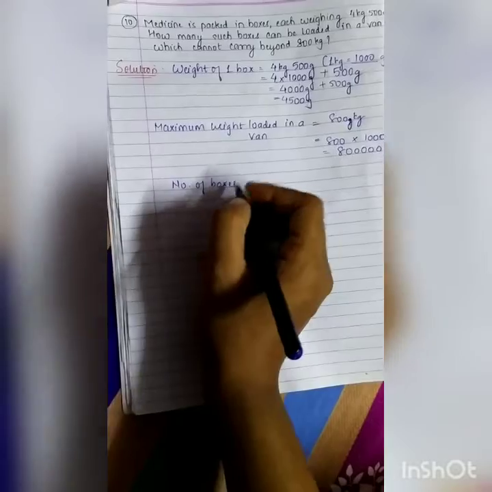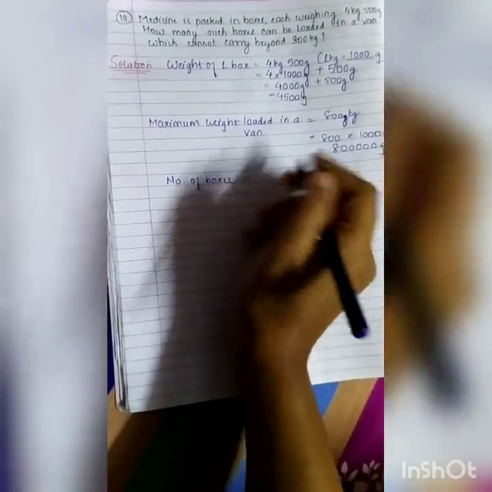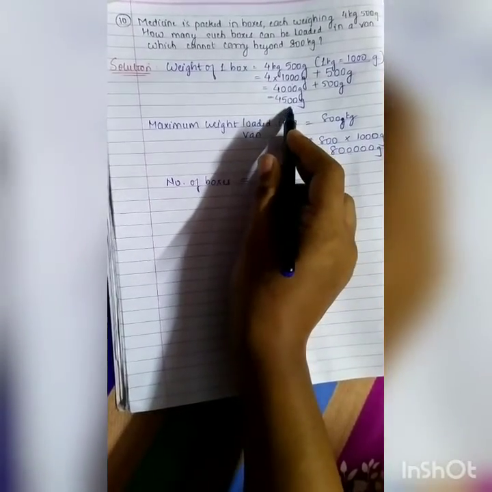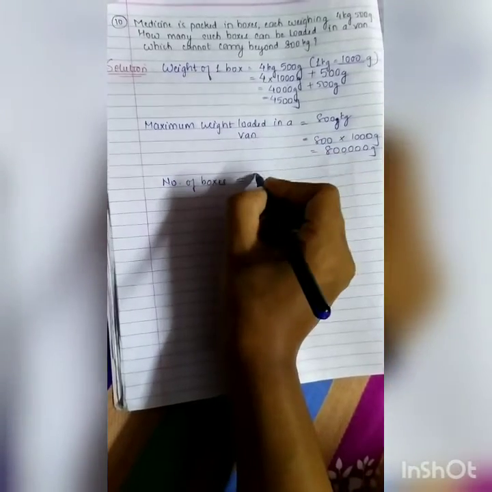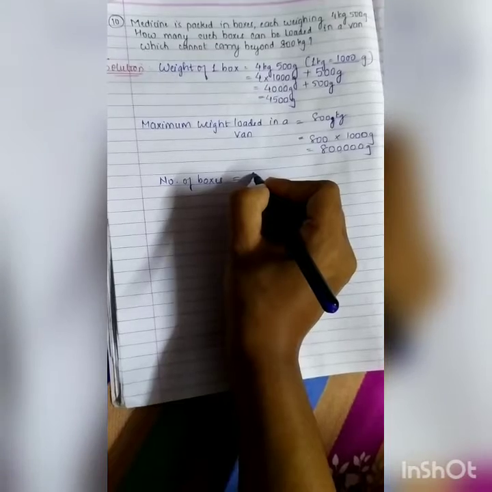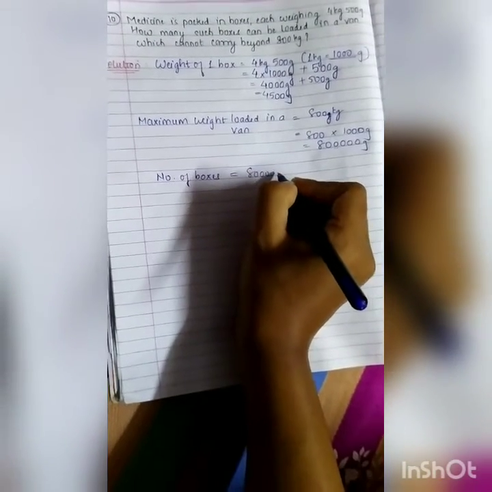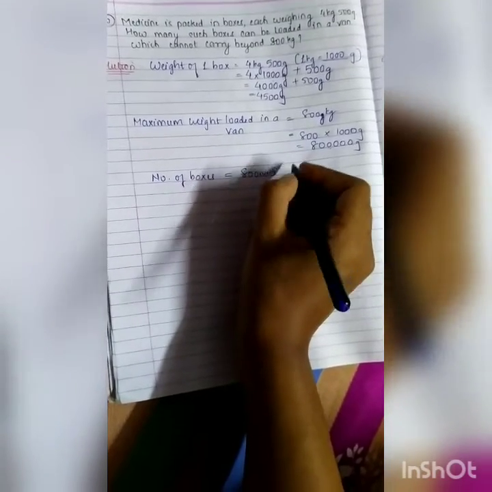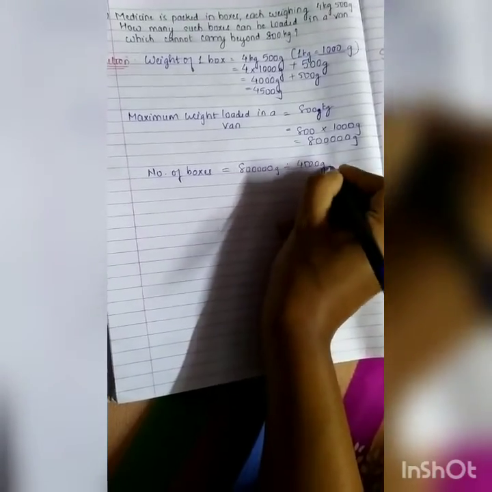that can be loaded. So number of boxes equals to, now we have discussed that whenever the total is given and the value of 1 is given, we will divide. So we can do it like that also: 8 lakh grams divided by 4500 gram.